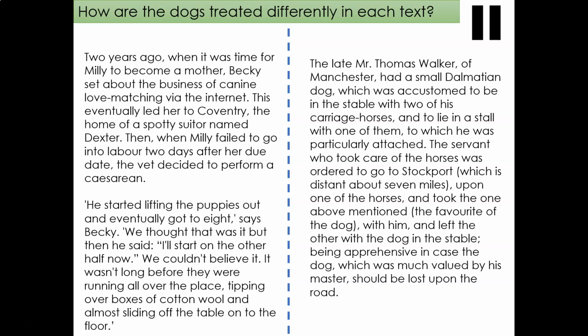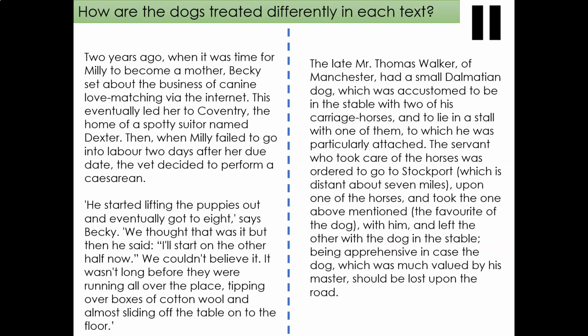He started lifting the puppies out and eventually got to 8, says Becky. He thought that was it, but then he said, I'll start on the other half now. We couldn't believe it. It wasn't long before they were running all over the place, tipping over boxes of cotton wool and almost sliding off the table onto the floor.